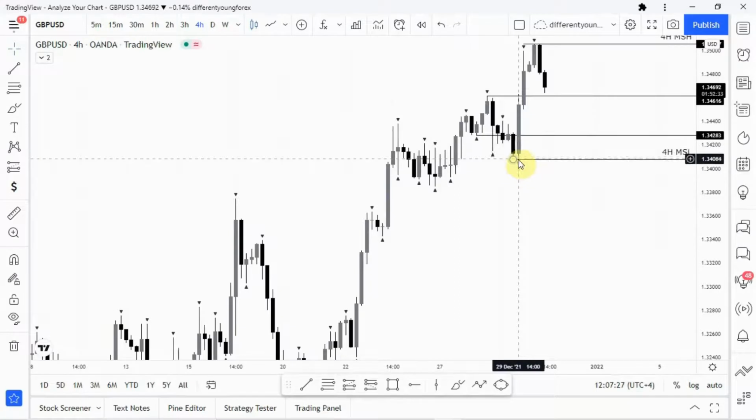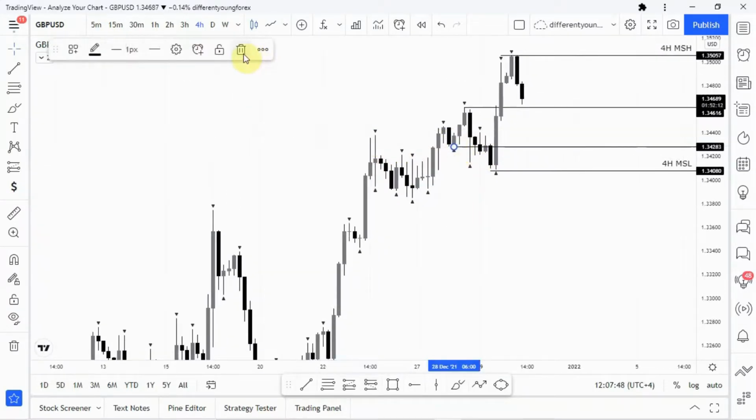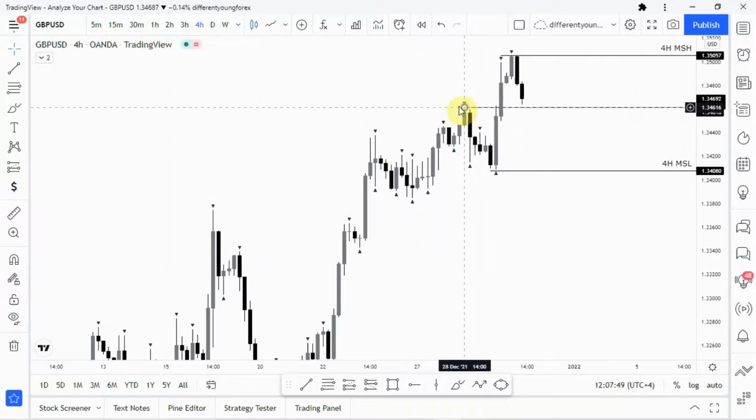If we use the closest fractal high here, we cannot do that, because this candle has already broken past this level, which means that this has already been broken, right? So we stay in this bullish range for that reason.